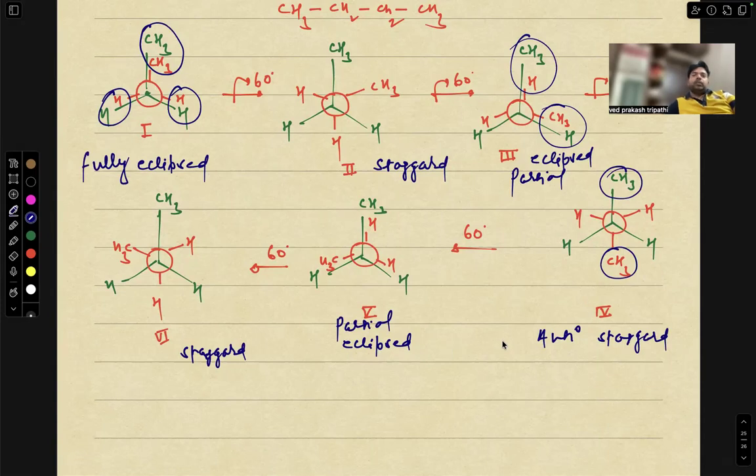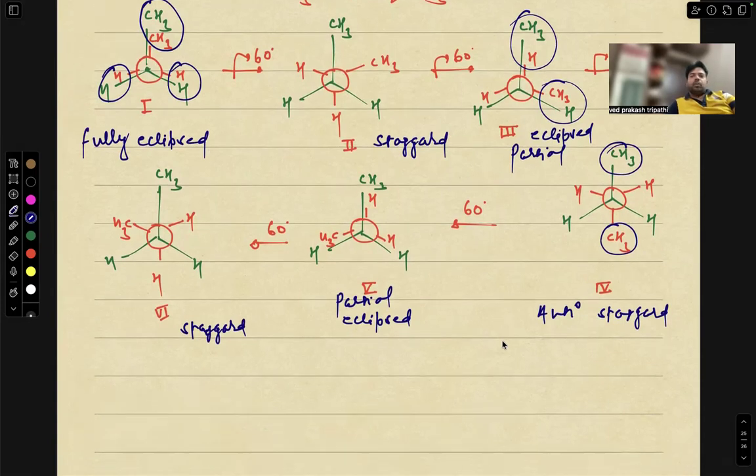If you are going to compare the stability order, we have very clear information: staggered is always more stable than eclipsed. But staggered is of two types, anti and the normal one.